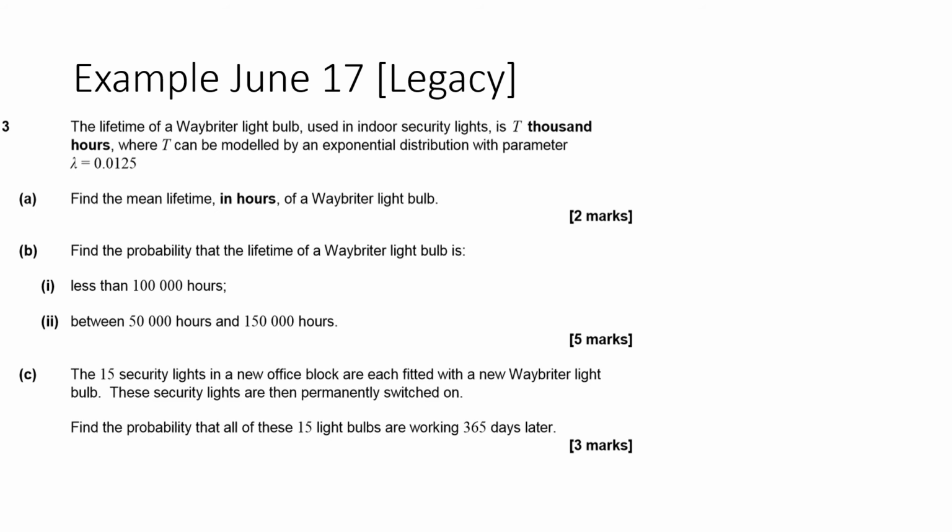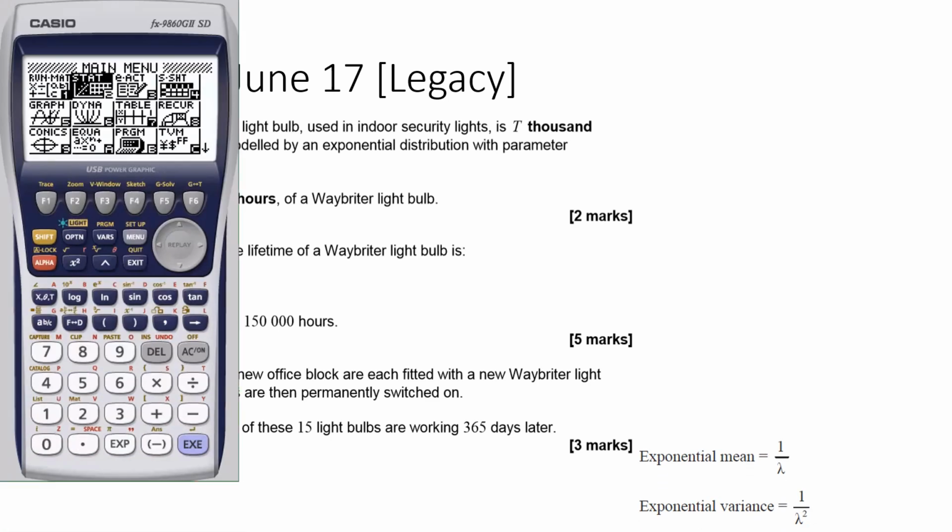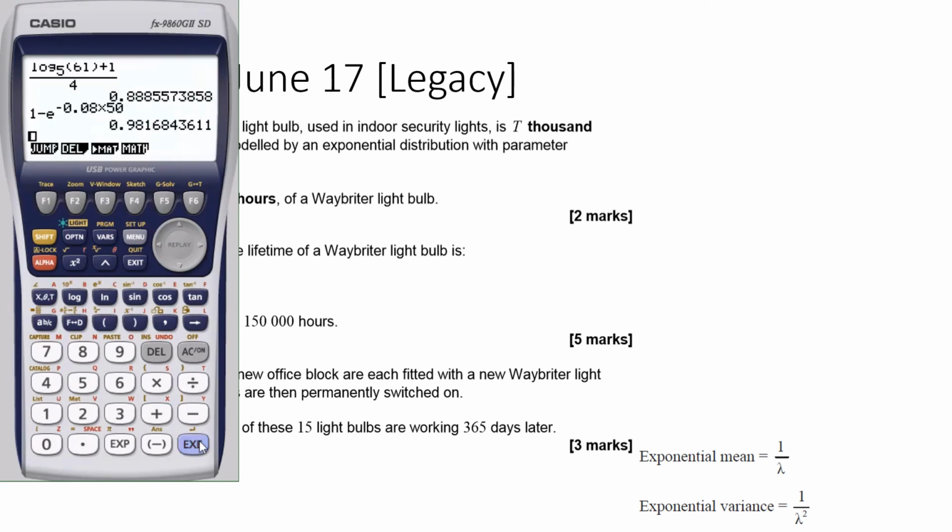T is measured in thousands of hours, so in hours, 1 divided by lambda is 80. Now that's the mean of T.